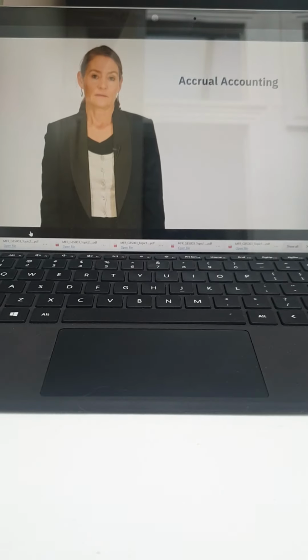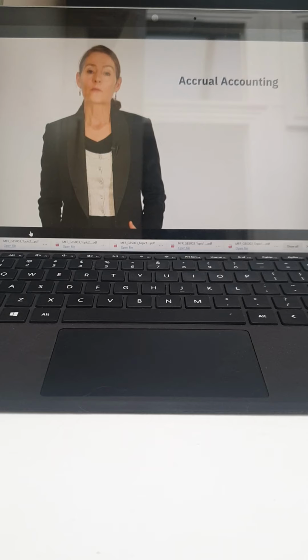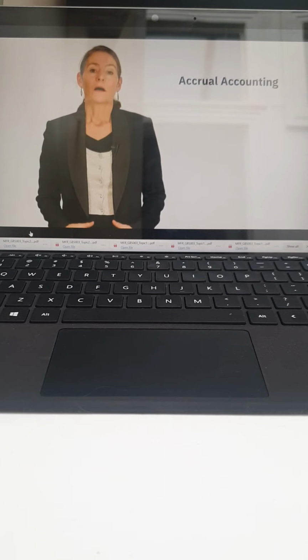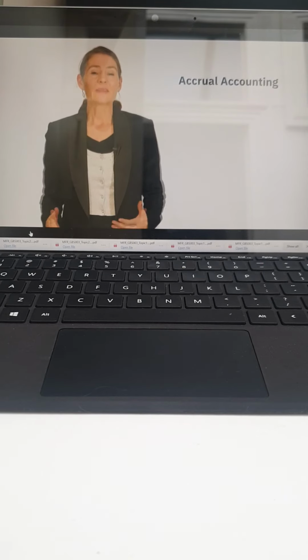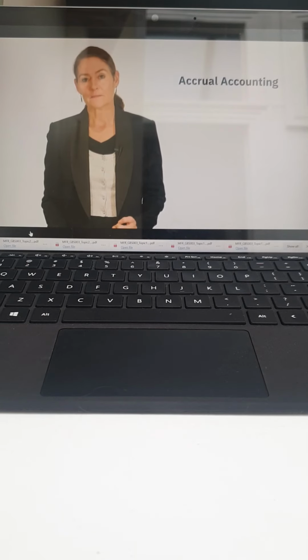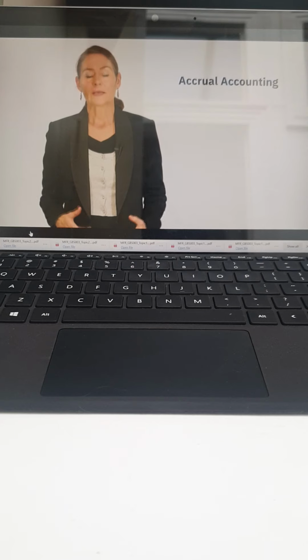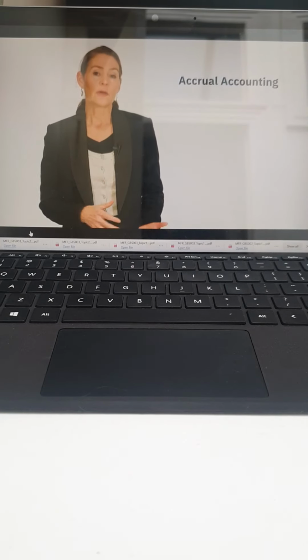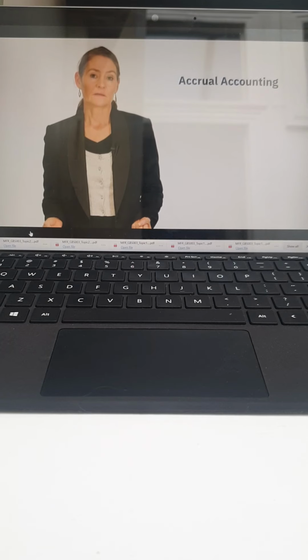Accrual accounting. Accrual accounting relates to the timing of when we record transactions, particularly our revenues and our expenses. The way most businesses run, certainly larger organizations or any other than very small organizations, is on that accrual basis. This has implications into two main areas, in the recording of revenue and the recording of expenses.